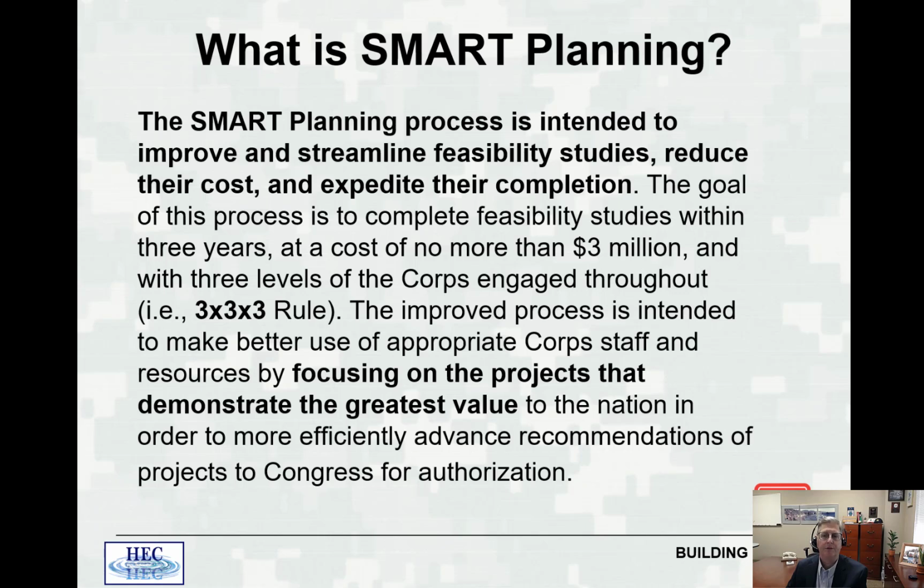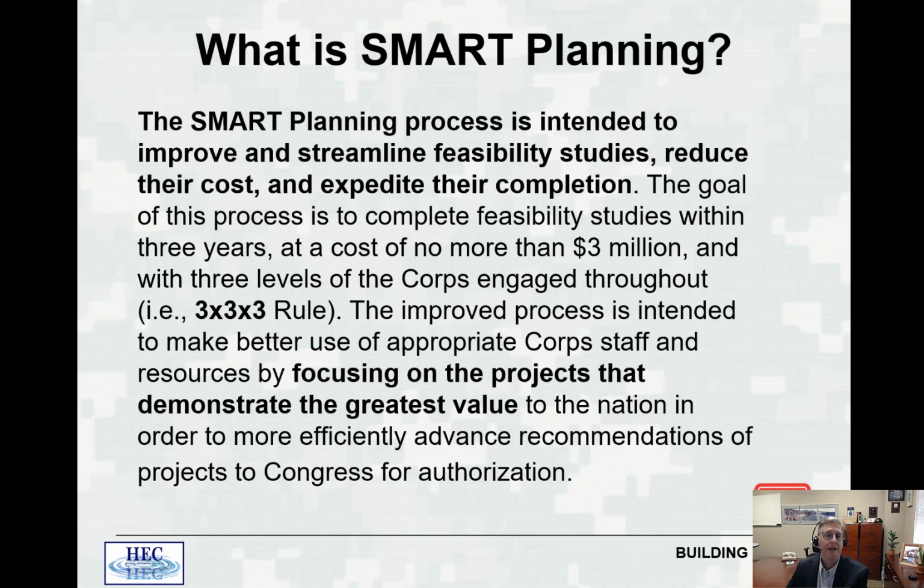A wide range of alternatives will be investigated, and the alternative with the greatest net economic benefit must be identified. That's the National Economic Development Plan. The SMART planning methodology and framework were developed to facilitate more efficient, effective, and consistent delivery of planning decision documents, including early evaluation of the likelihood of the federal interest to determine if a study should continue or be terminated.